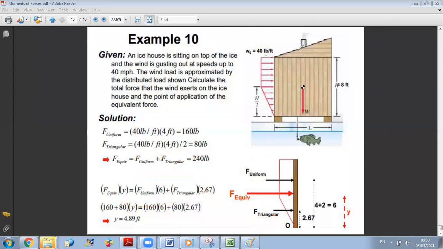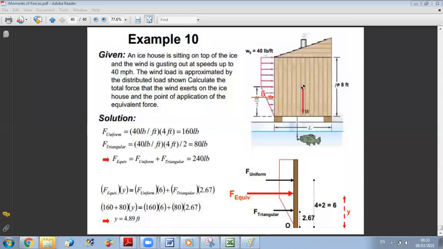So here, let me clear everything. Whenever you have a triangle, this is your centroid. You have a property for the centroid that if you consider this is the force passing by the centroid, it will be at 2/3 from the extremity and 1/3 from the base.